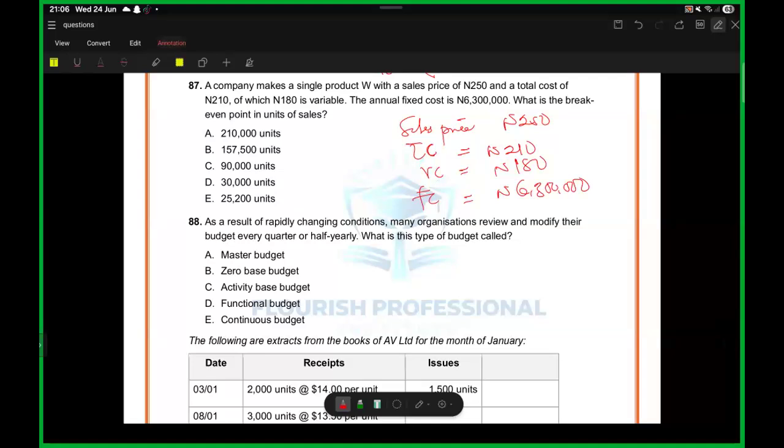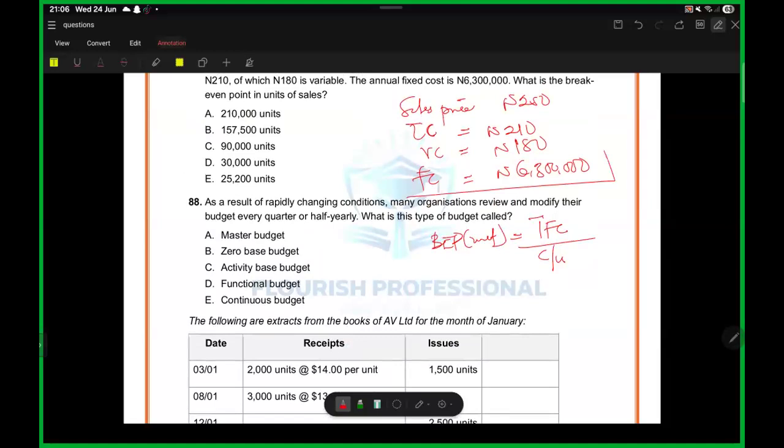The formula is simple. Break-even point is given as total fixed cost over the contribution per unit. From the parameters here, all we need to calculate is the contribution. Contribution is sales price minus variable cost. Sales price is 250, variable cost is 180.